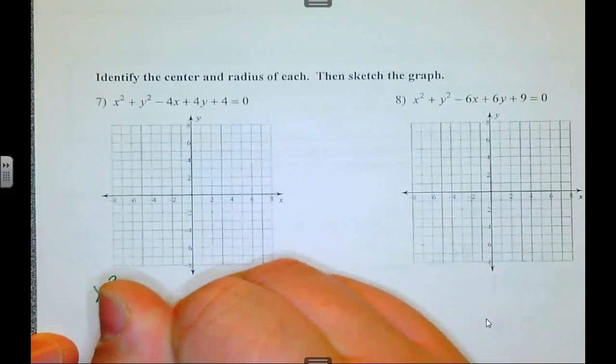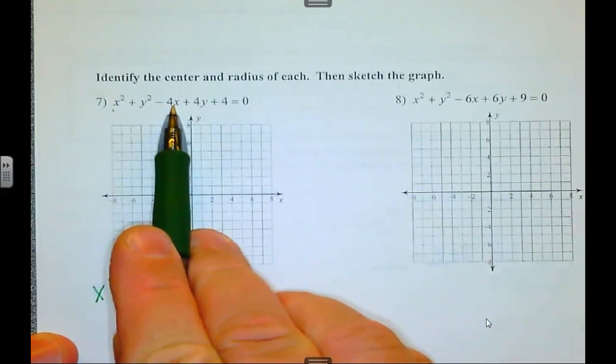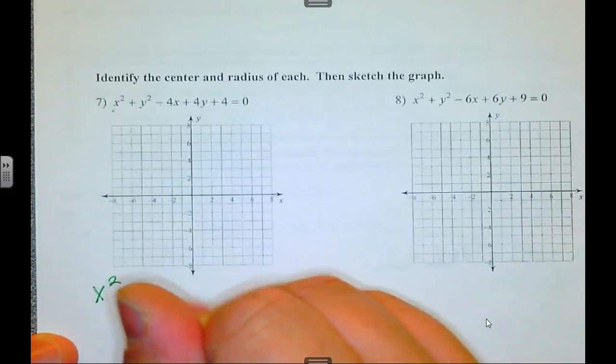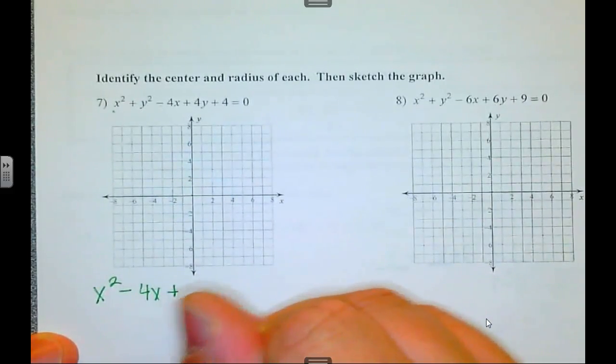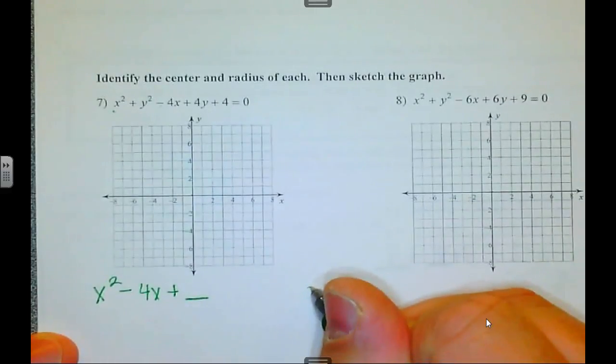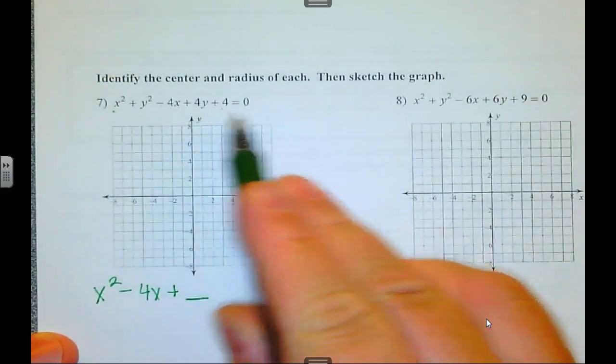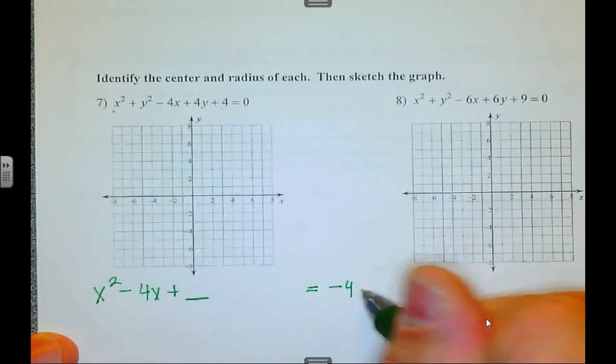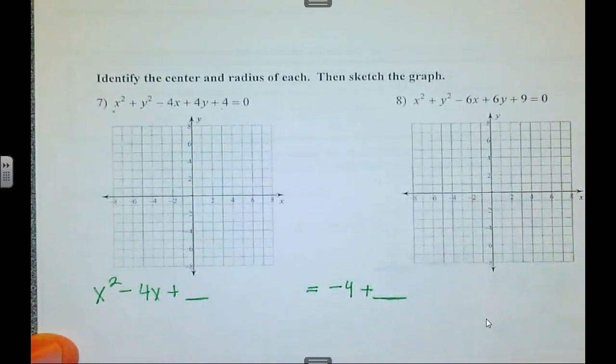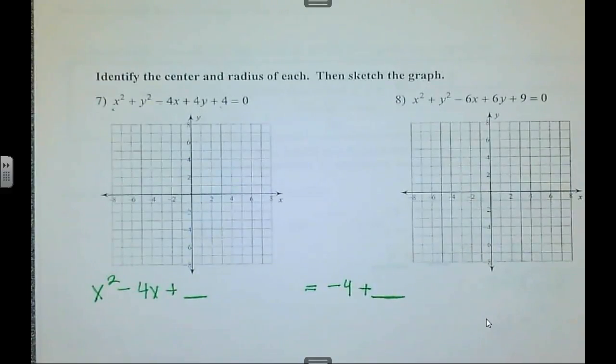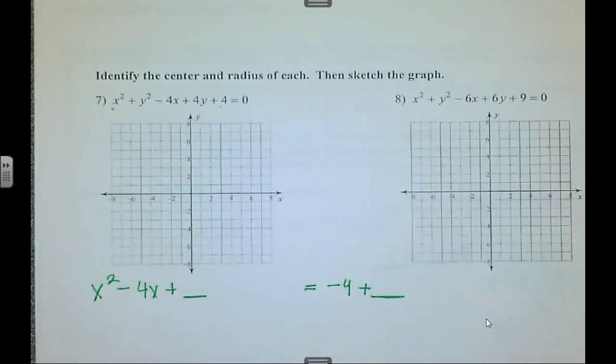So I have x squared minus 4x. And I'm going to make a perfect square trinomial, which means I have to move this 4 over there.